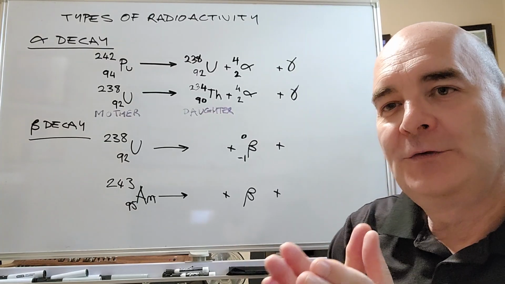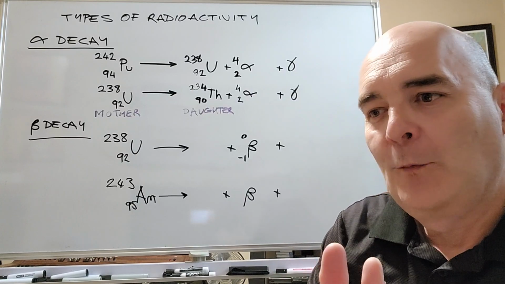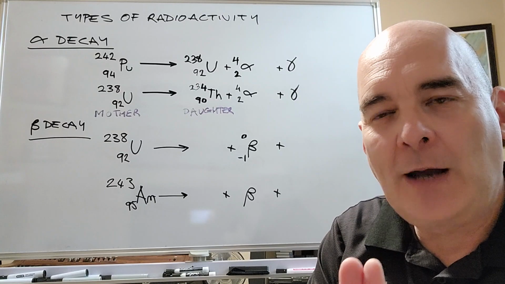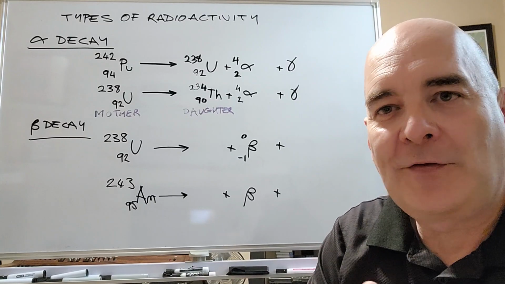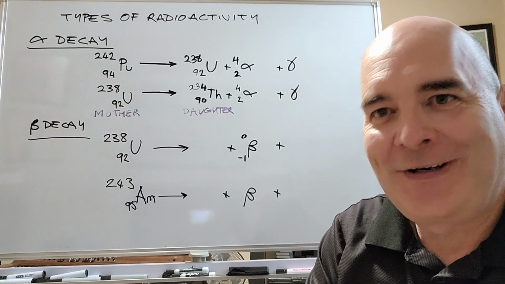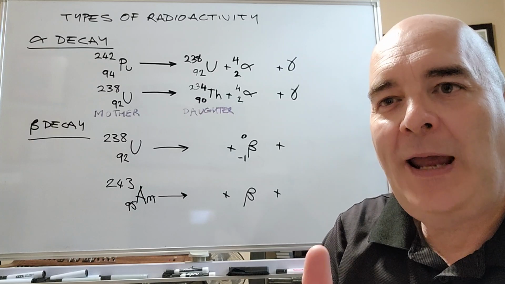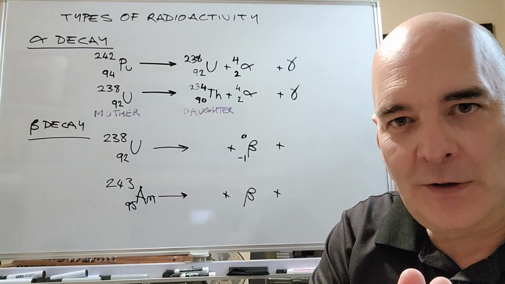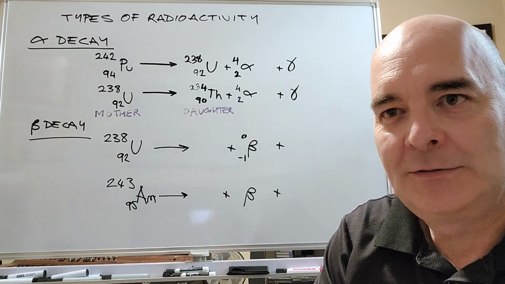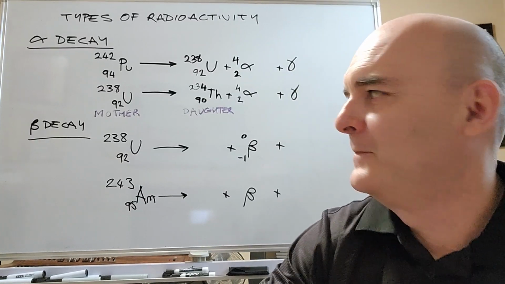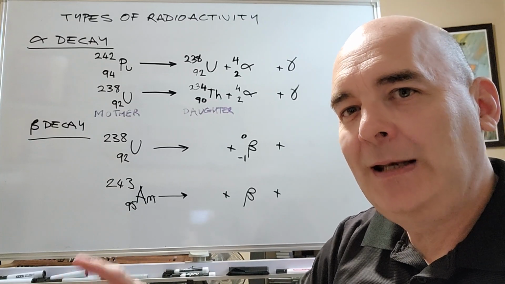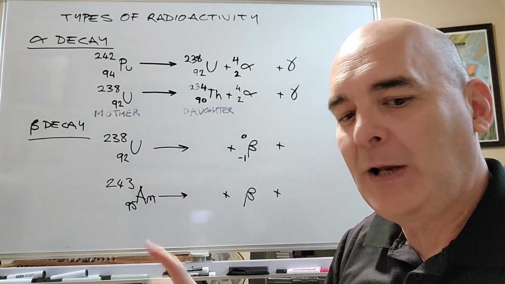And when we look really carefully, we can see that neutrons and protons don't weigh exactly the same amount, that they differ from one another by the mass of an electron. So when a neutron turns into a proton, it emits an electron. This is going to push our numbers in a different direction than alphas did.